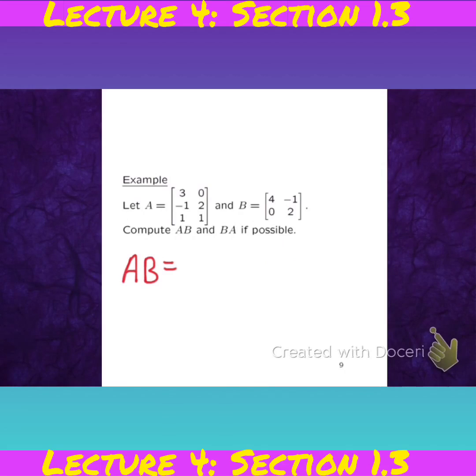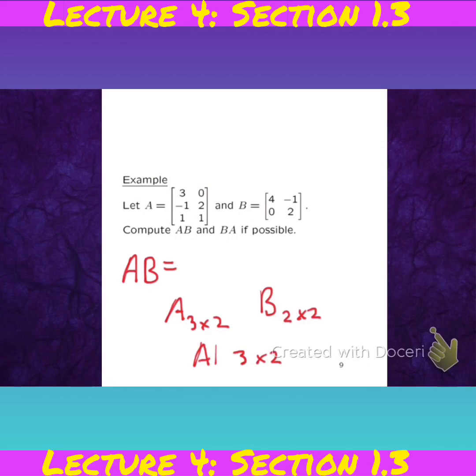So firstly, let's determine the size of A times B. Remember we said A is a 3 by 2 and B is a 2 by 2. So what is the size? The size of A times B is going to be a 3 by 2 matrix.